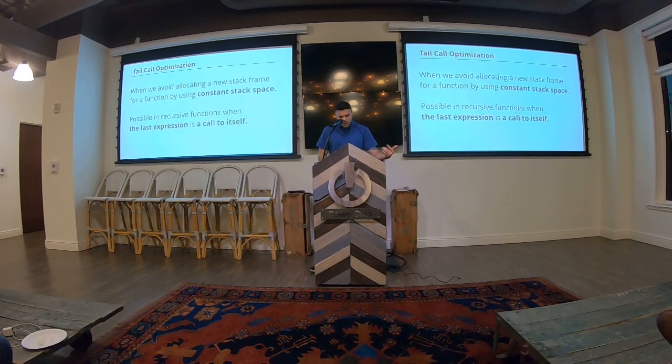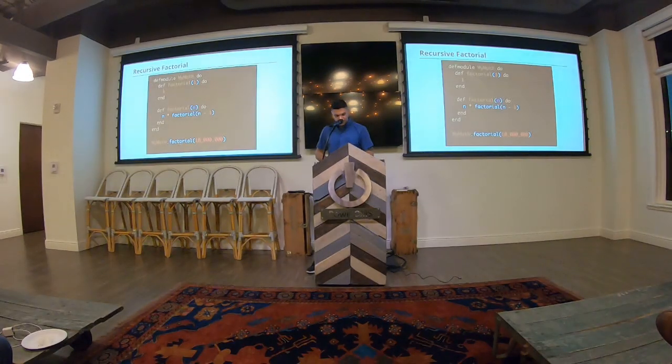Now, the way to achieve that in Elixir is to make sure that the last expression on the recursive scenario is a call to the function itself. So remember, the last expression on the recursive scenario must be a call to itself. Now let's look back at that example.